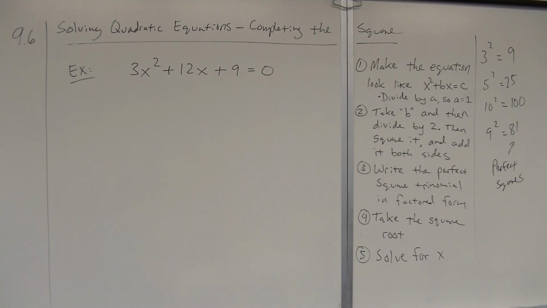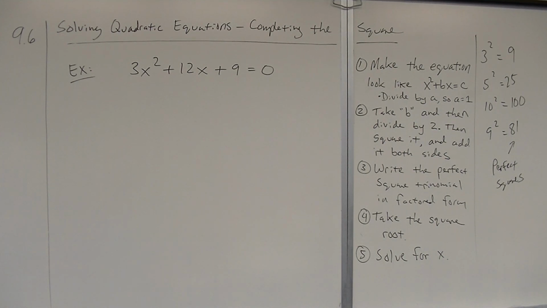You divided by 2 first. B is 4, right? Divide by 2. And remember I told you that's how we split it. Perfect square trinomial. Square. 4. Let's go over these.